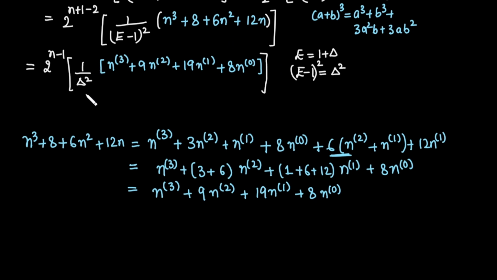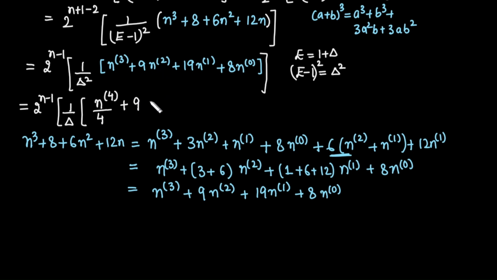Now we have 1 by delta. 1 by delta is like an integration. So what we need to do? We will do the integration 2 times. So 1 by delta 1 is as it is. Take the integration of this. What is the integration of n cube? That is n raised to power 4 by 4. But here we write n raised to power 4 factorial by 4 plus this 9 as it is. What is the integration of n square?